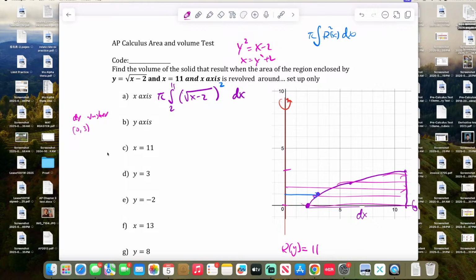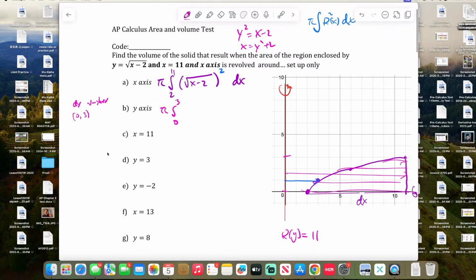Okay, so therefore it's going to be pi, integral from 0 to 3. And then we have 11, but don't forget there's a square because this is big R squared minus small r squared. So it's going to be 11 squared minus the function, y squared plus 2, squared, dy. And that will be the second one.